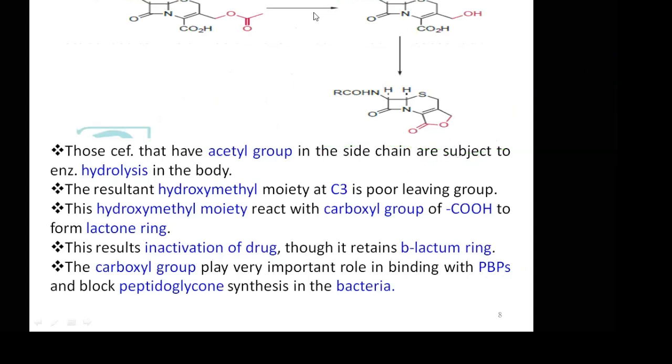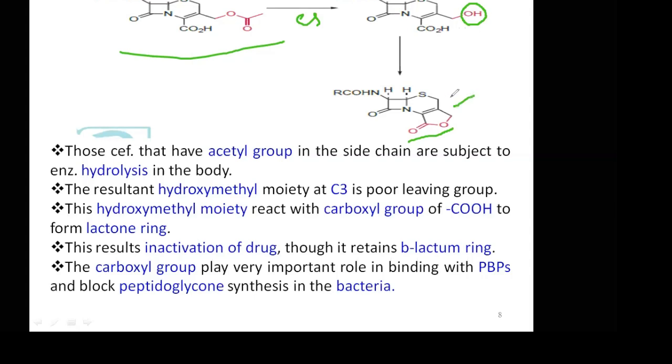See, this is the cephalothin derivative. Now when the esterase enzyme acts, it gets a hydroxyl group. This hydroxyl group undergoes an internal reaction to form a lactone ring.